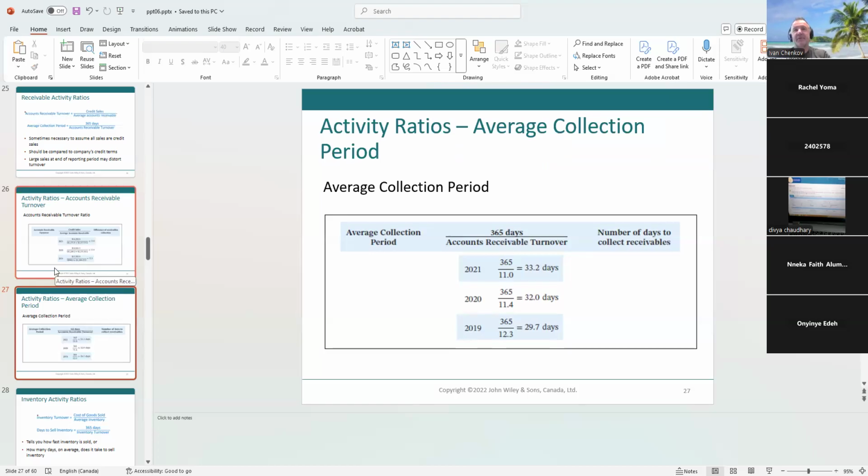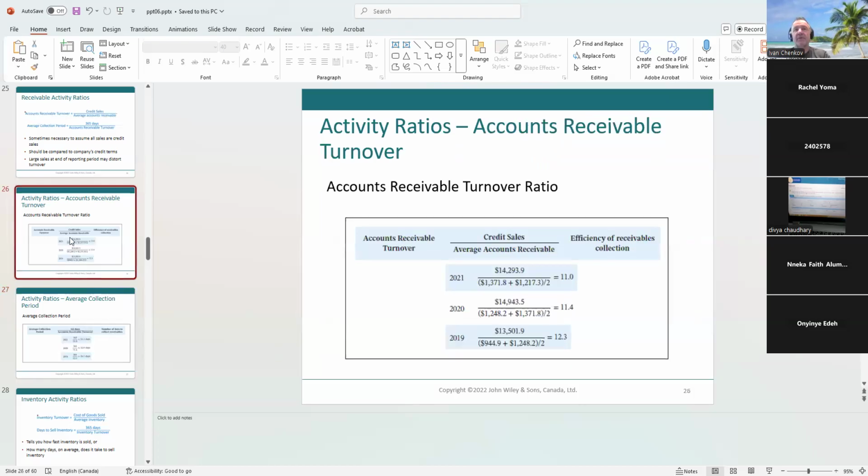Okay. So now the question is, in order to calculate accounts receivable turnover, from where are you going to get credit sales? Well, they're going to be given to you. All the sales which are on credit or on account mean credit sales. How are you going to get the average accounts receivables? You're going to add the beginning of the year and the end of the year accounts receivables and divide by two, and you get the average.